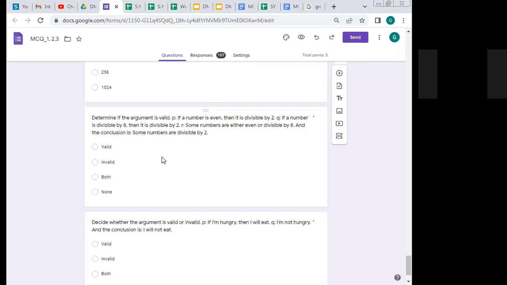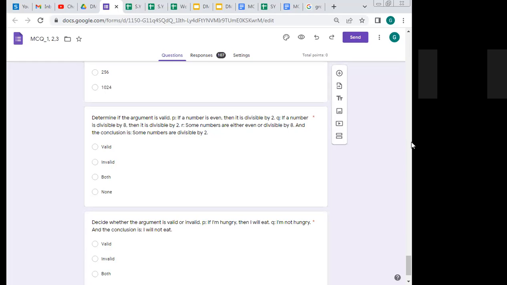In rules of inference, what we do? Suppose we take the propositions like: small a is, number is even; b is, it is divisible by 2; and c is, number is divisible by 8.